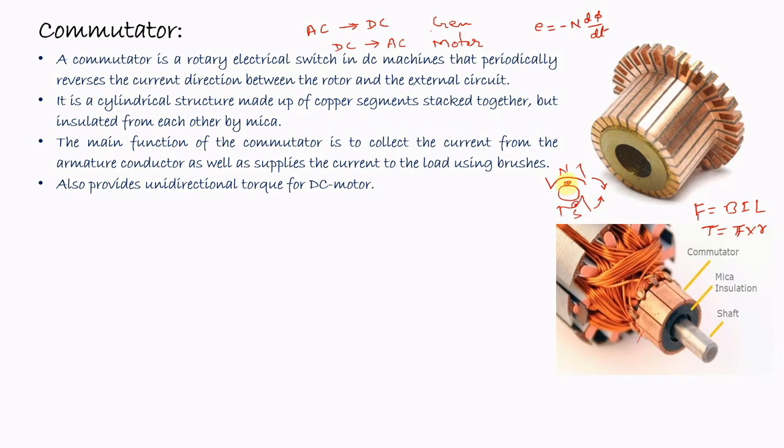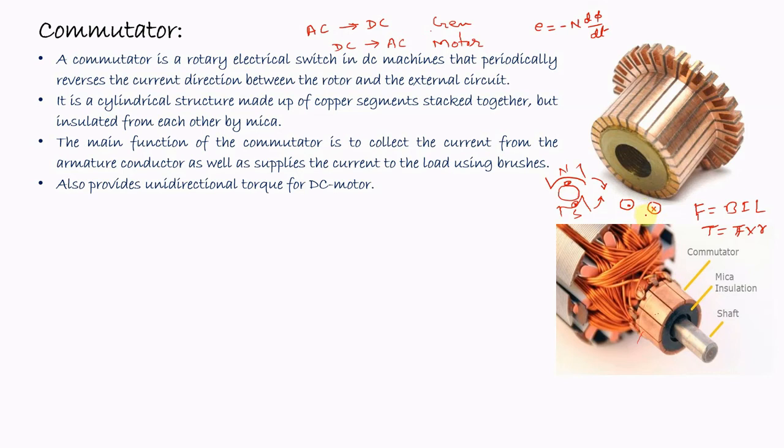Therefore, the conductor where the current is dot under the north pole, when it comes under the south pole, here the current should be cross. There are two types of current direction, one is called the dot and another is called the cross. So when it is under the north pole, here the current should be dot, and as it comes under the south pole, the direction should be cross.